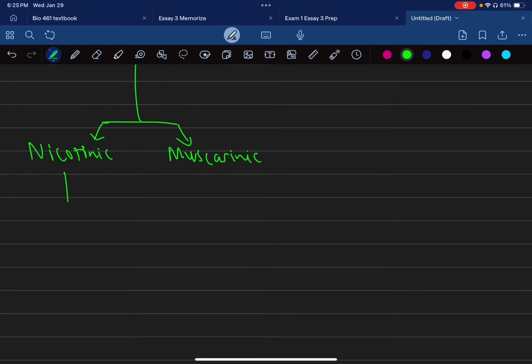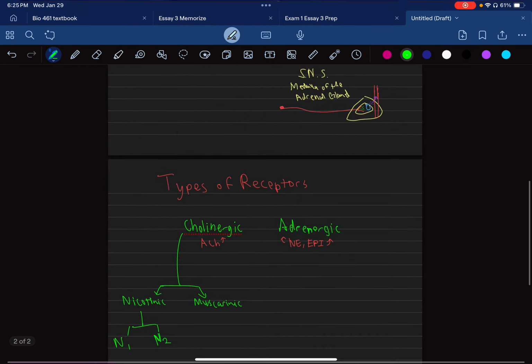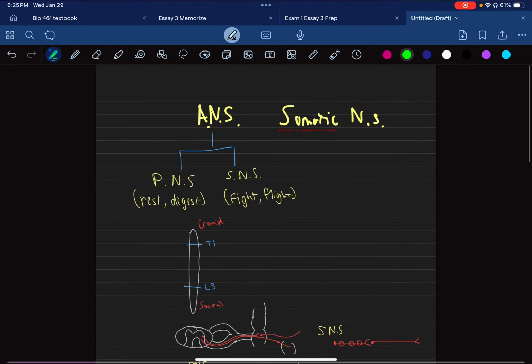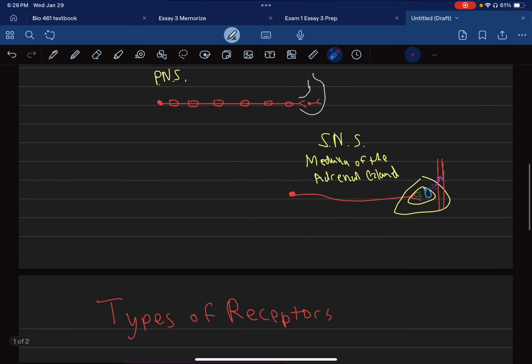And then the nicotinic will have two divisions: N1, which is mainly one that we haven't covered yet, it has to do with skeletal muscle, and then N2, which is one that we have dealt with. N2 is going to be the main receptor when these synapses happen with the pre and post ganglionic neuron. On the post ganglionic neuron, it's going to be N2 receptors taking in that acetylcholine.